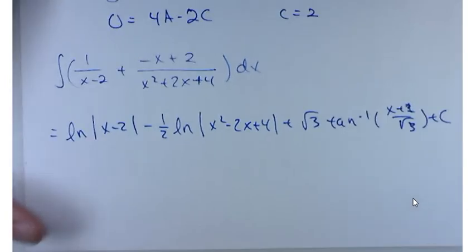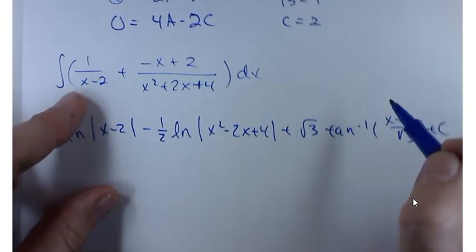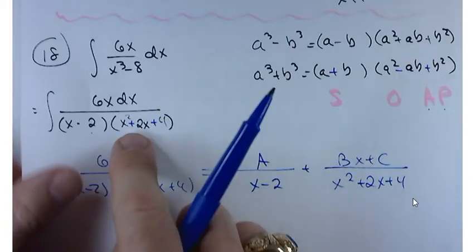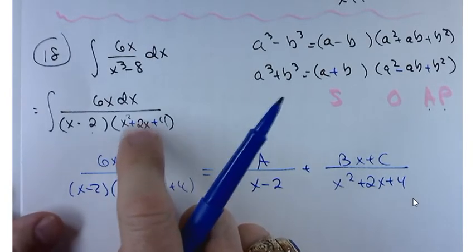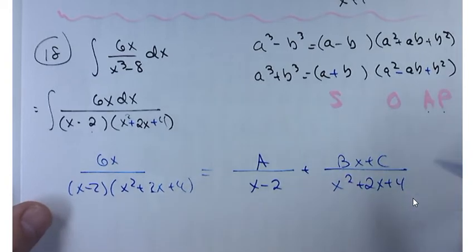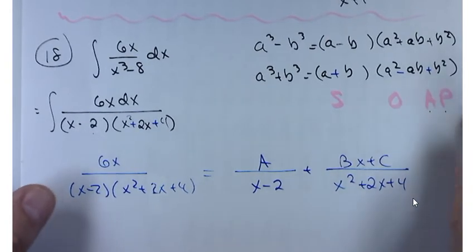I don't want to spend another 10 minutes just to finish that part up. The important part that you see is how to split up something that has a prime quadratic in it. And by that I mean something that's a quadratic term that won't factor. You have to have that linear term up here to do that.